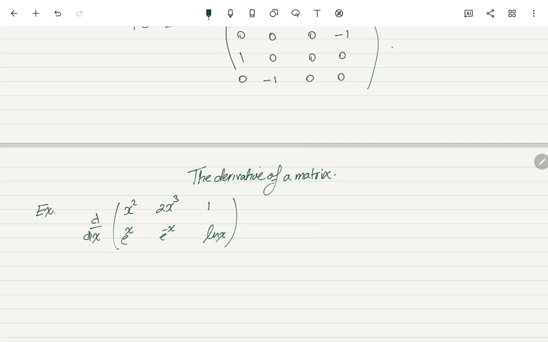To find the derivative of this matrix, we just apply d by dx on each element. The resultant matrix will be: d by dx of x squared is 2x, d by dx of 2x cubed is 6x squared, 0, d by dx of e to x is e to x, d by dx of e to minus x is minus e to minus x, and d by dx of ln x is 1 over x. The situation is quite different when deriving a determinant.